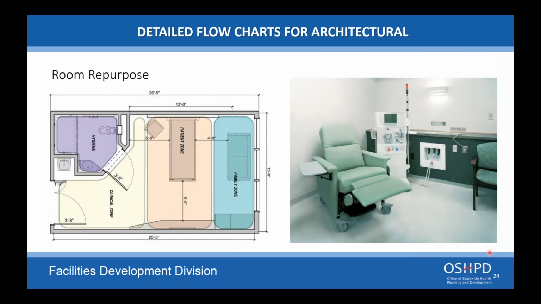So let's look at some additional examples. If you're taking an old patient room here on the left, and you're going to convert it to a dialysis room on the right, again, define the scope. Okay, what is the scope of the project is really within these four walls.